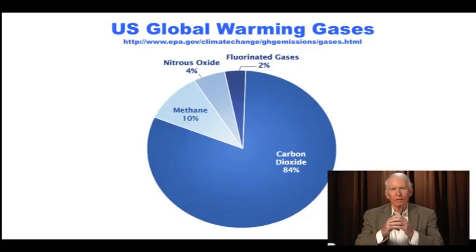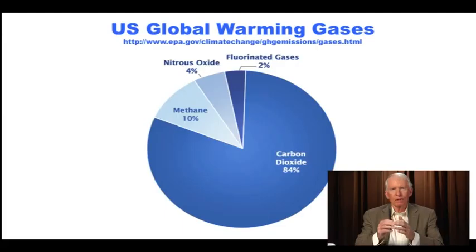By the way, this does not mean that methane is approximately 8 times less in amount of gas than carbon dioxide. What it means is the effect of the methane that we're releasing to the atmosphere causes about 8 times less global warming effect.